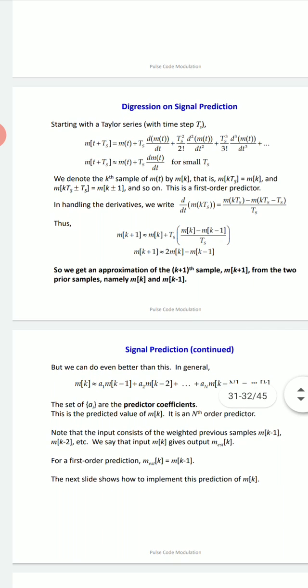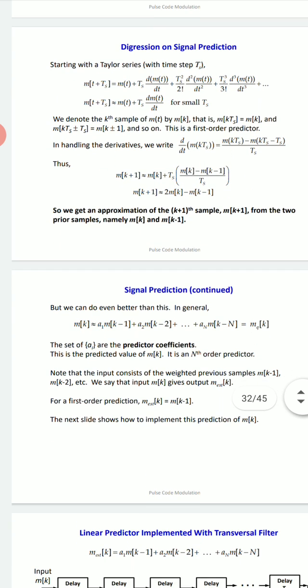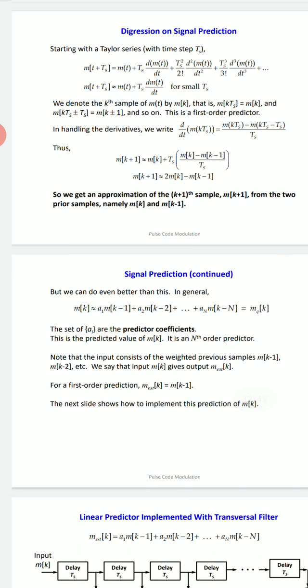In general, we can take a number of samples, so that the estimate M estimate of k equals A1 M of k minus 1, plus A2 M of k minus 2, up to An M of k minus n. The set of Ai are the predictor coefficients.